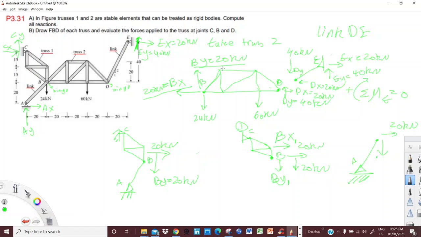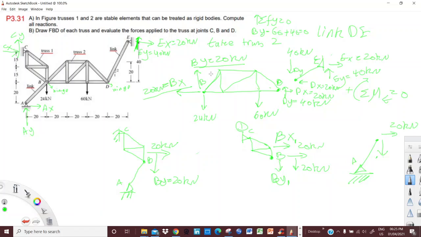How come, guys? By is equal to, summation of Fy is equal to 0. If I say by upward, minus 60 downward plus 40 is equal to 0. Therefore, minus 60 plus 40.